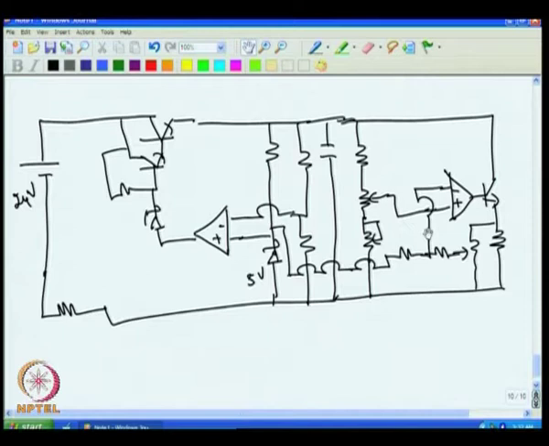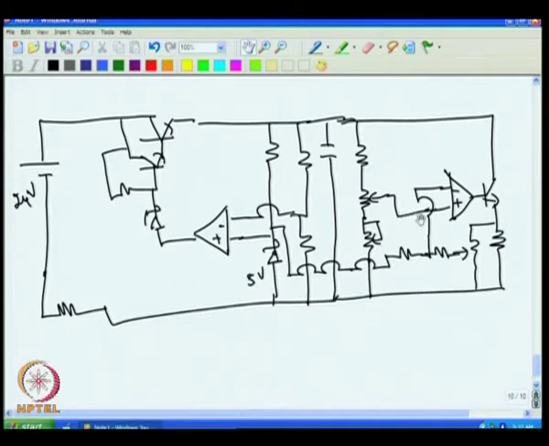Now, if this alone increases, then this will be less and this will be more, so the output will go high and the current through this will increase. As the current increases, this voltage will increase and automatically this also will increase. So, as long as I move this, this also will correspondingly follow this voltage.